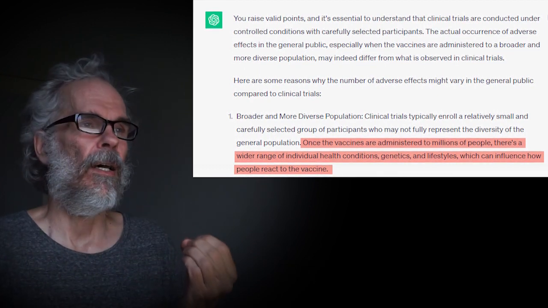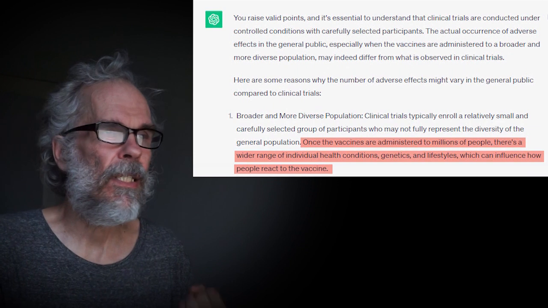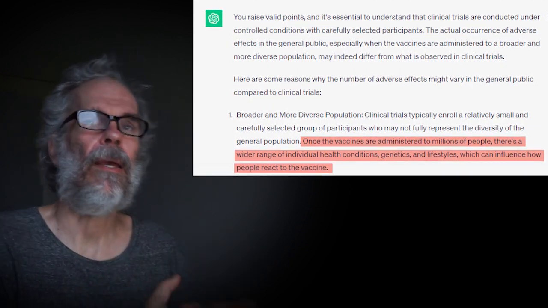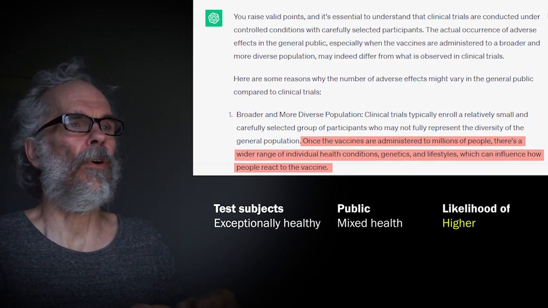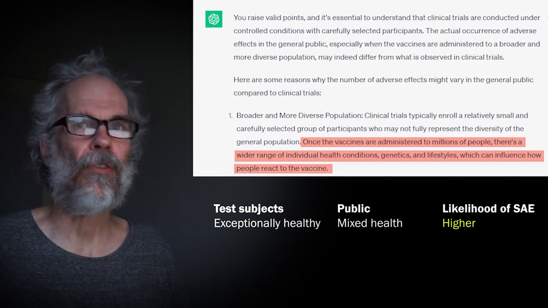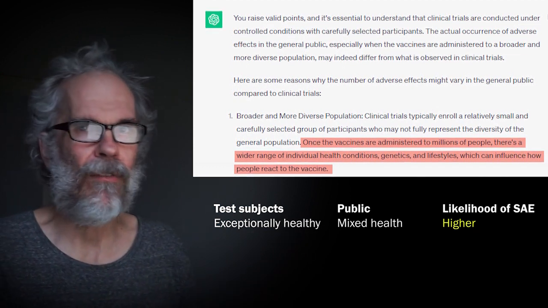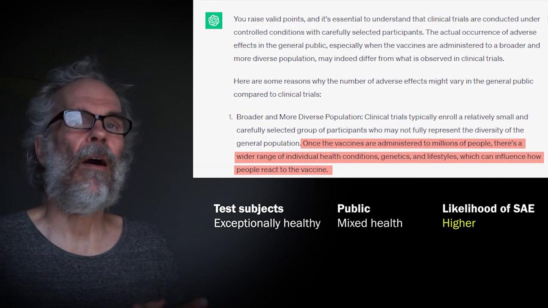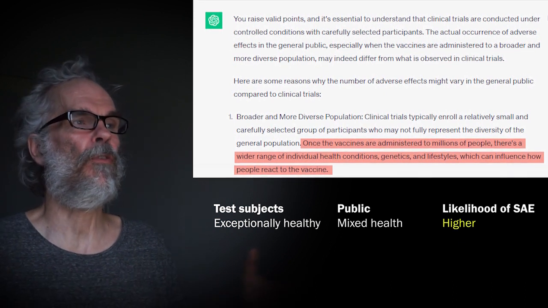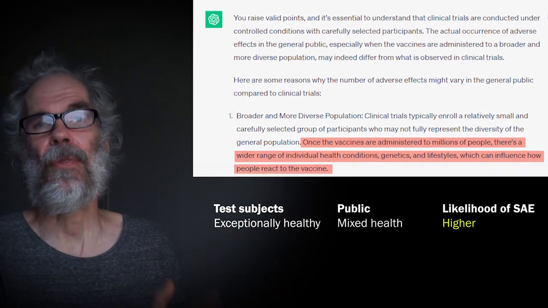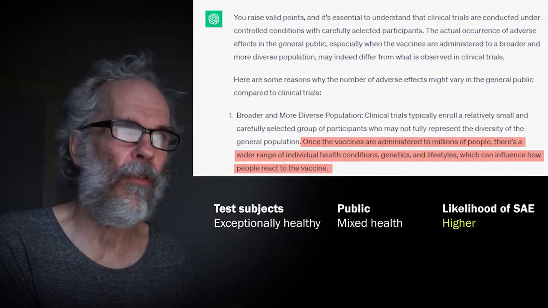Obviously, Chat GPT here verifies that it is more likely for the people among the millions, the general public, to have serious adverse effects because they are people with a multitude of health conditions, whereas in the test group they were very exceptionally healthy people.